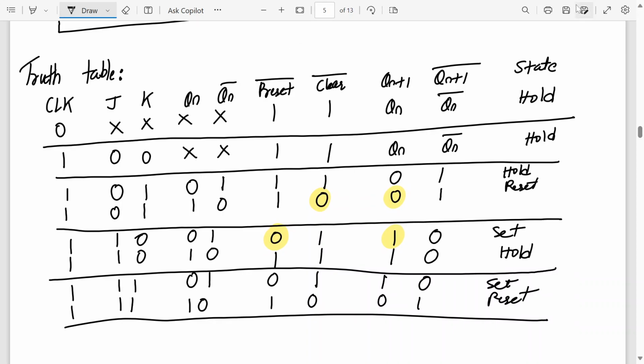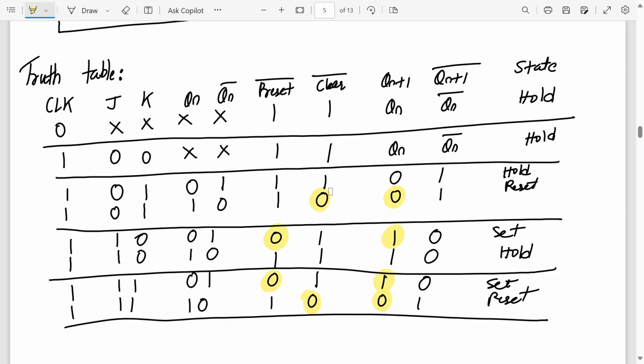Understood this table? Here I marked preset and clear as active only under these conditions. Here also preset is active, so it will bring the output to 1, and here clear is active, it will bring the output to 0. So these are the additional things which we have to take care of.